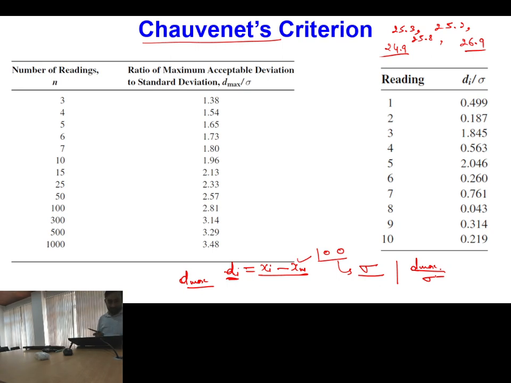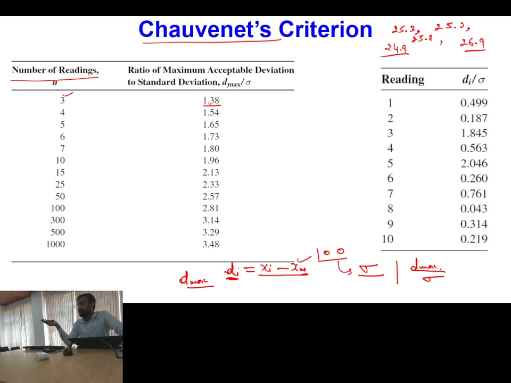Now, what is that criterion? It depends upon the number of measurements you are making. Say if you do only 3 measurements, then a Dmax by sigma of 1.38 is the critical value. If any deviation is above 1.38, that particular data point can be discarded from your sample.